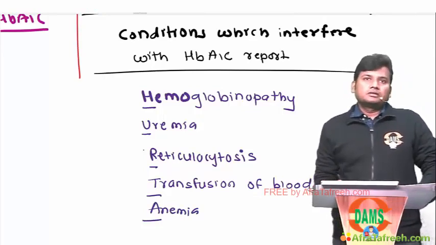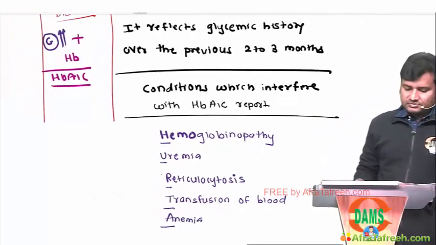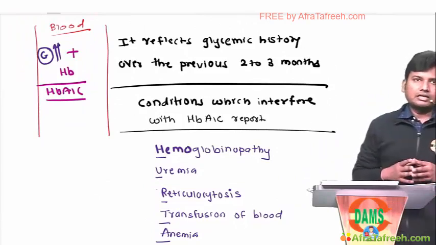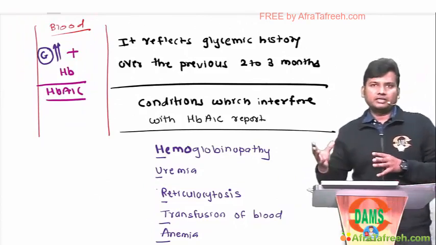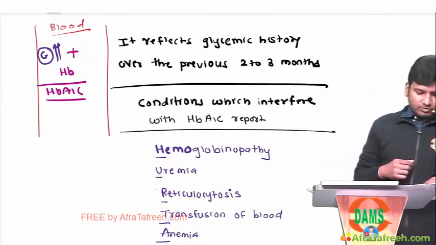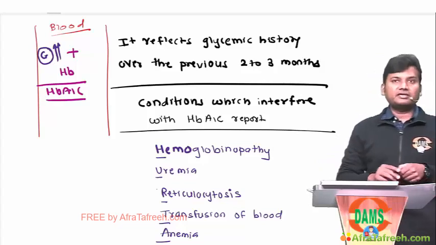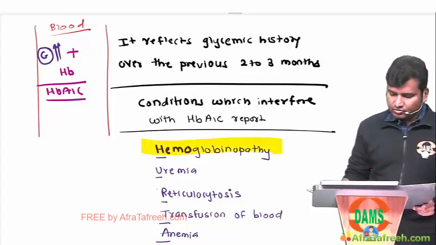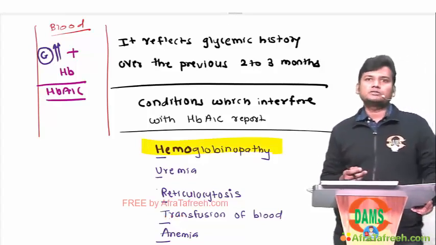What is HbA1c? When increased glucose combines with hemoglobin, glycated hemoglobin, it is HbA1c. Normal hemoglobin has some affinity with glucose, and suppose our patient has hemoglobinopathy, hemoglobin is not normal.